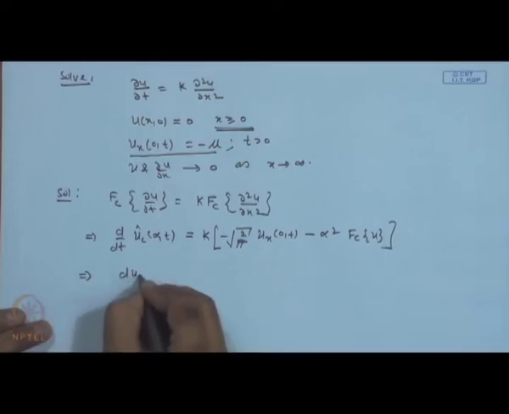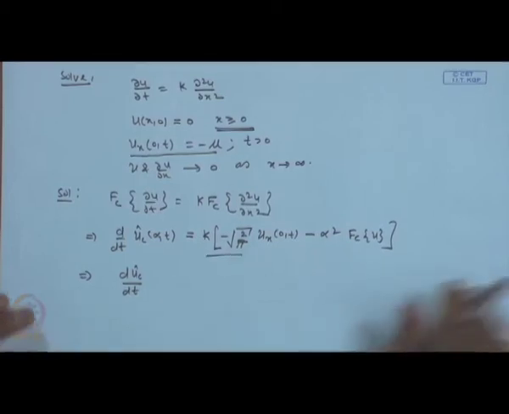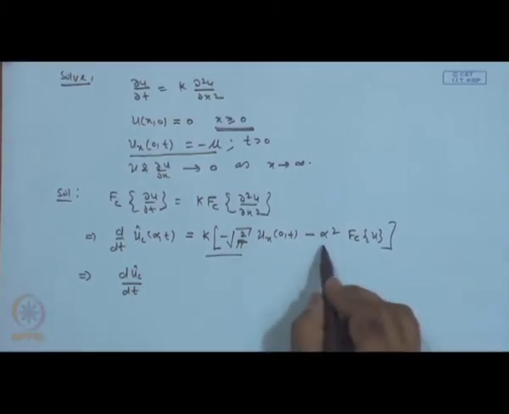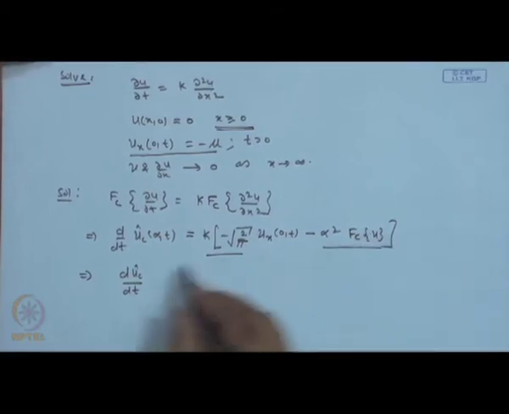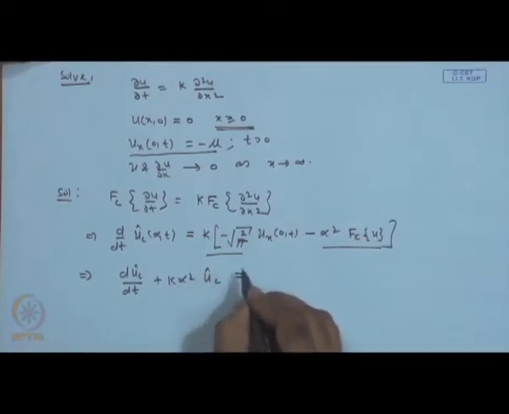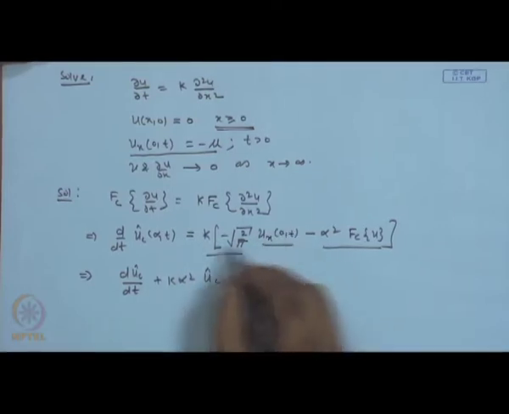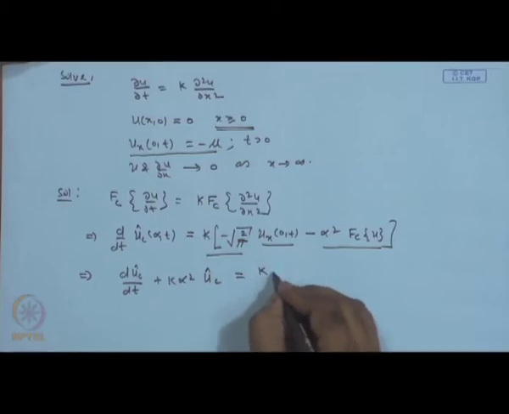So, we have d u hat c over dt, and this we will take to the other side, because it is a u hat only. So, k alpha square and u cosine transform, and here we have k, this is given as minus mu. So, minus minus will be plus. So, k mu and this square root 2 over pi.